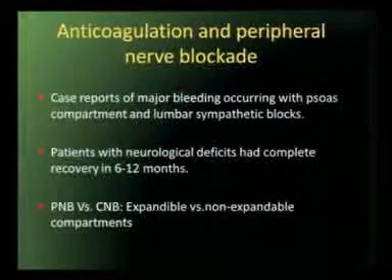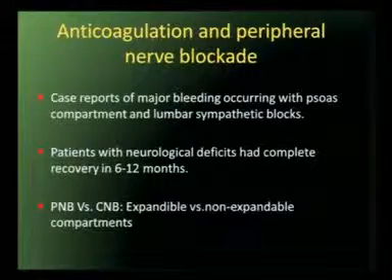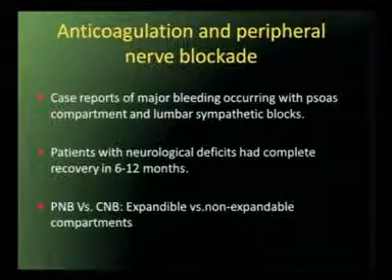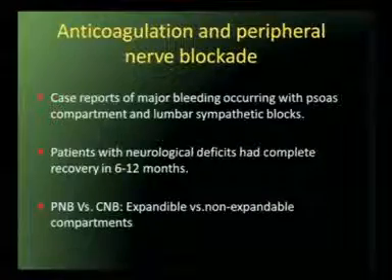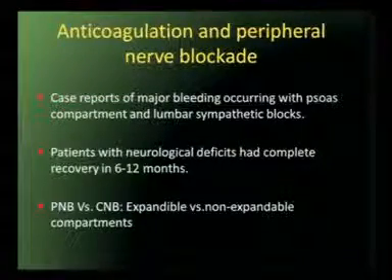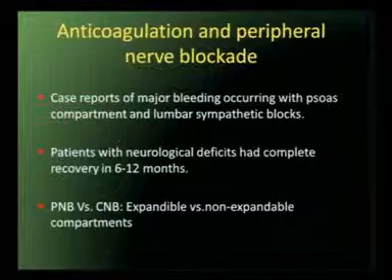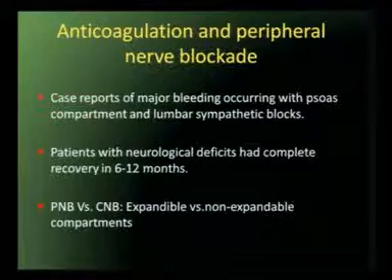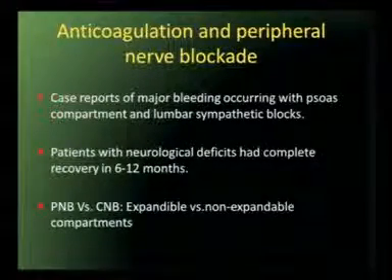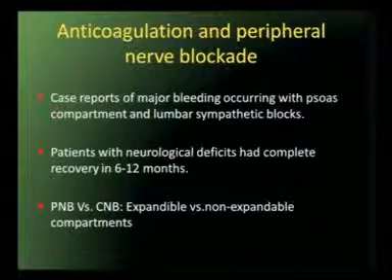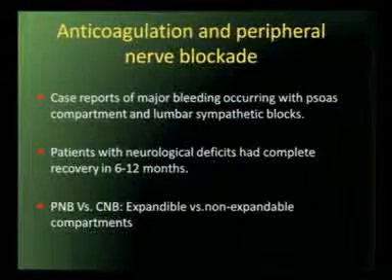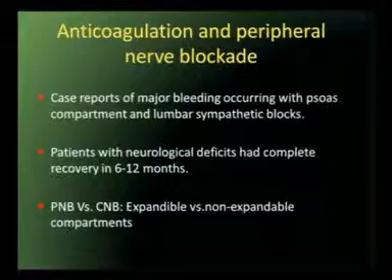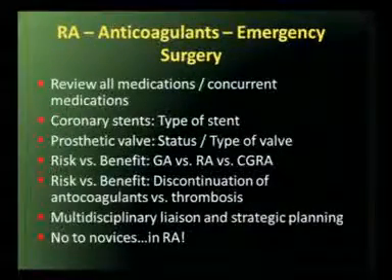Whenever you have an expandable compartment, you may see more blood loss, and more blood transfusions, but less patient morbidity and good patient outcome. You need to keep this in mind. Whenever you're giving a block, you need to know which nerve you're blocking and what the area is, and in case of inadvertent bleeding around the nerve, is the nerve compromised, is the injury going to be fatal, and you need to keep this monitoring very careful.